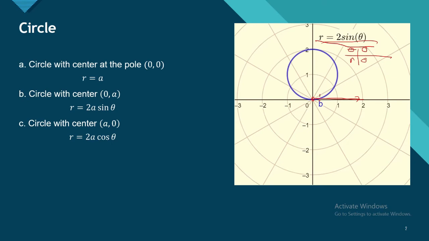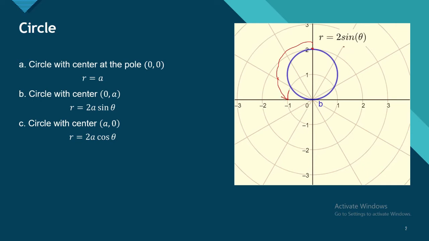Let's say, for example, our angle now is pi over 2. What is sine of pi over 2? It's 1, and 2 times 1 is 2. And so that's why we have that point. And then you continue tracing your angle from pi over 2 to pi.